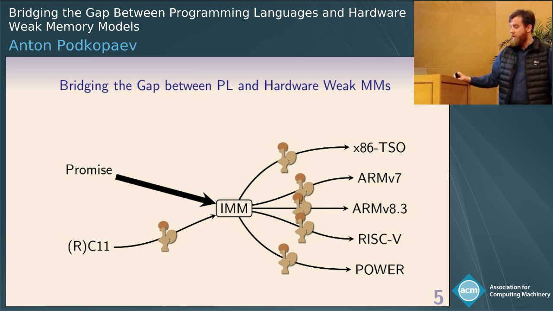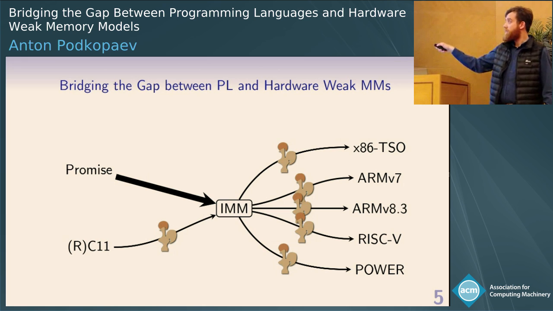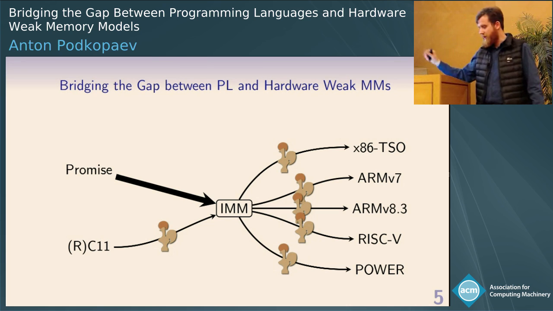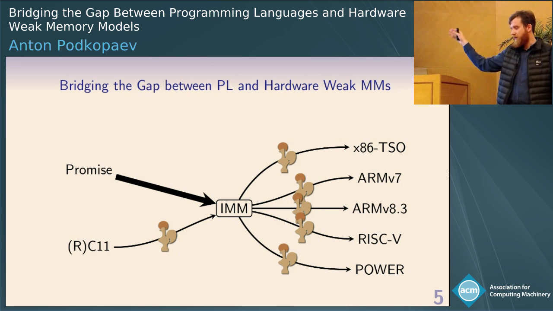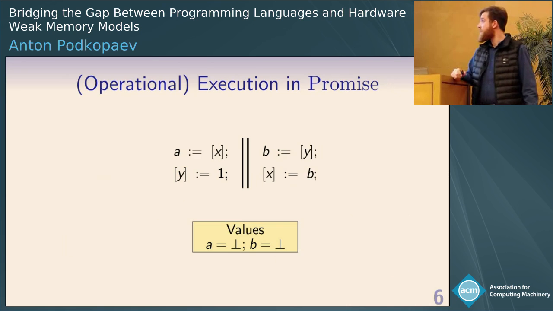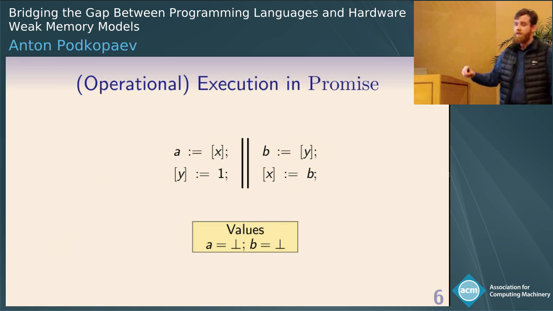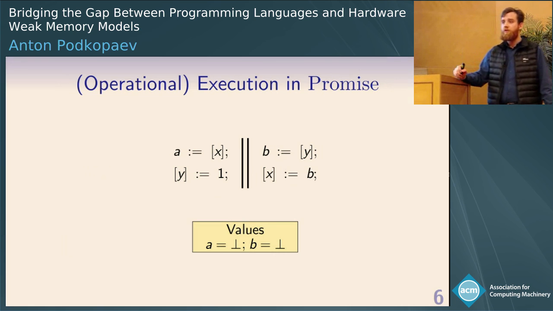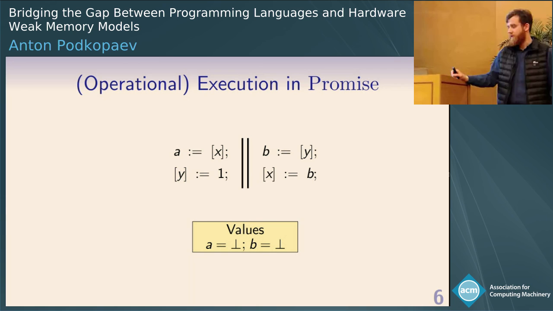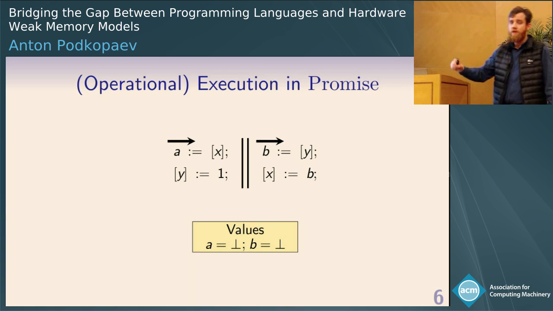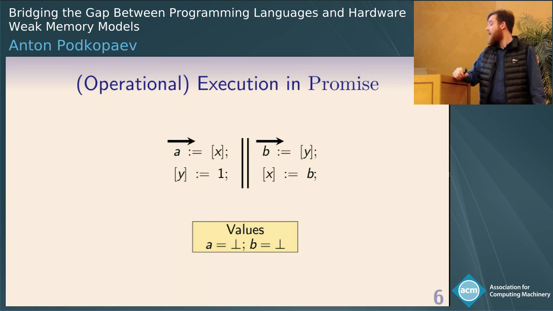this compilation correctness result. And before I continue there, I'll explain how one can get a weak behavior in promising semantics. So promising semantics is also an operational memory model like the sequentially consistent memory model, and it also uses program counters.